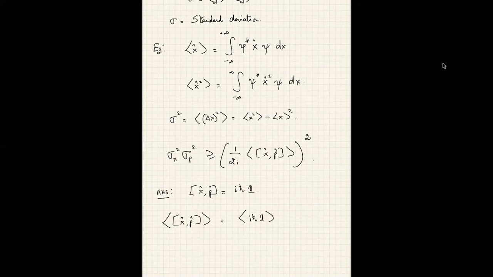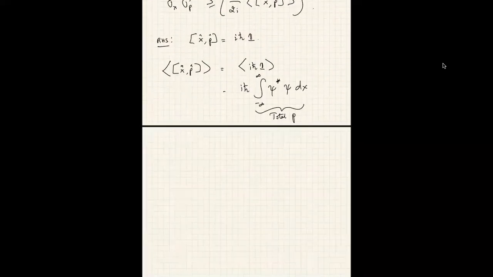But this is just a unit operator, so the expectation value is i h bar times the integral from minus infinity to infinity of psi star times 1 times psi dx. But this is nothing but the total probability, or you can also claim that this is a normalized wave function. So either way, this is equal to 1.